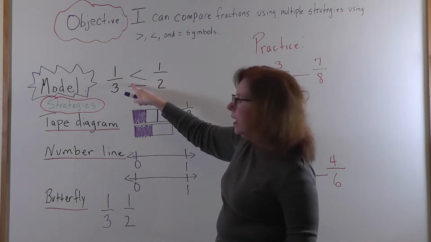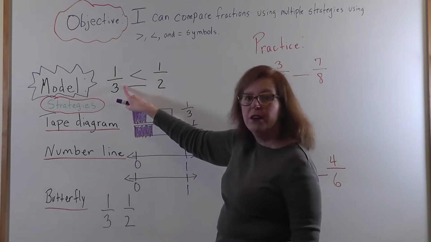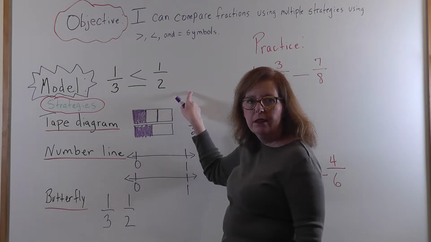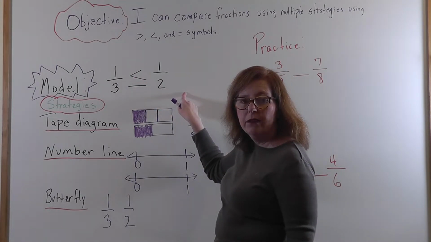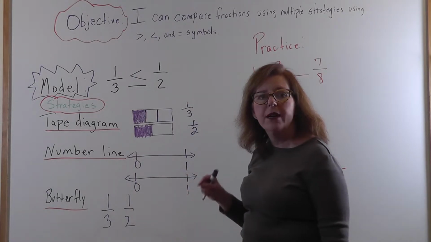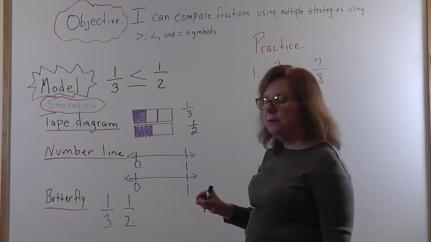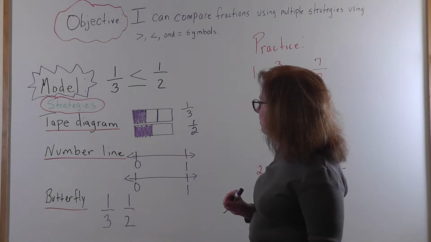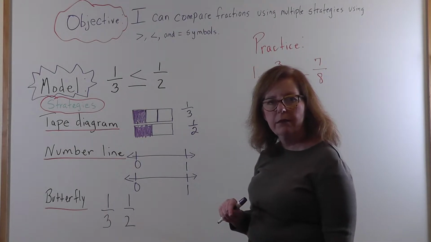So the alligator is eating 1/2, because 1/3 is less than 1/2. The smaller number always eats the larger number. Always.